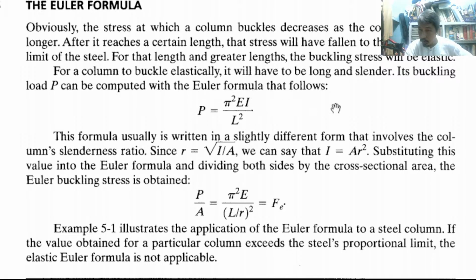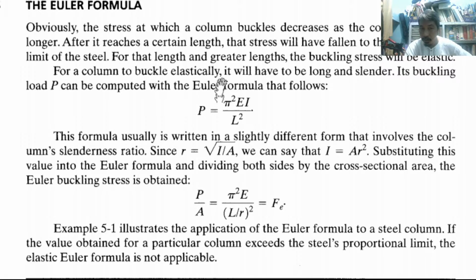As you can recall from last week, we have the curve. We tested the Euler load P with respect to the ideal column, and the Euler load P is the maximum.